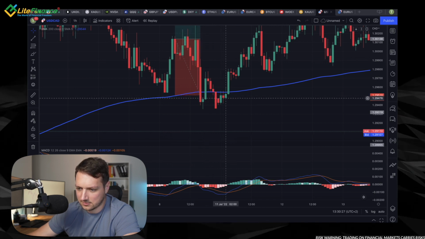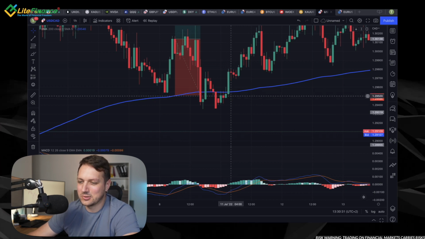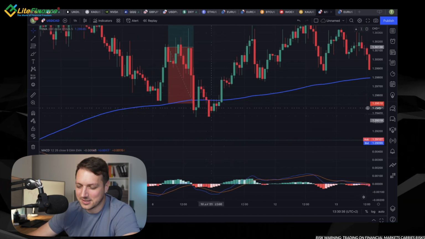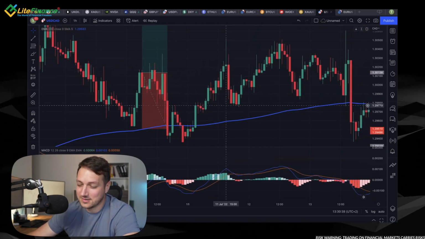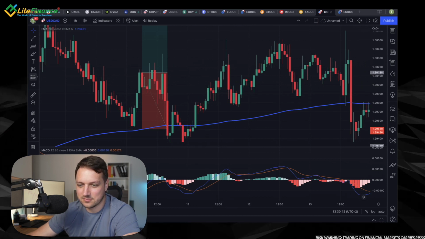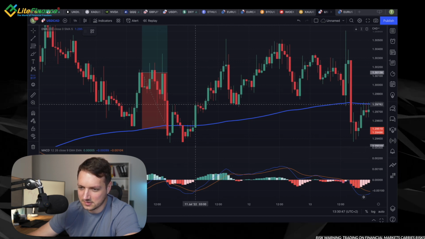What happened later? Yeah, another crossover, but it was slightly below the moving average. If you are a risk taker, you could take this one, and it would turn out to be a profitable trade because as you can see, the crossover happened at closing of this candle.